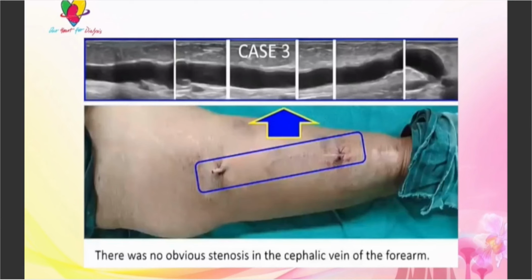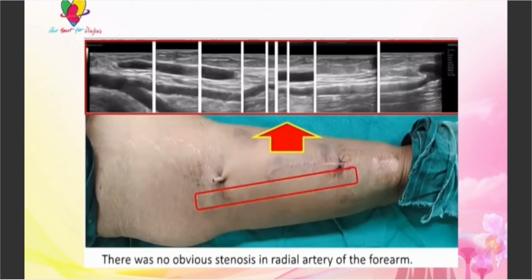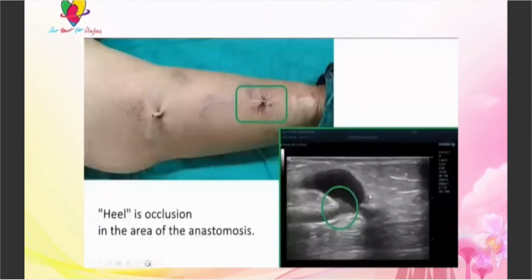What's different from the previous two is that this is an anastomotic heel lesion. There was no obvious stenosis in the cephalic vein. There was no obvious stenosis in the radial artery. Look at this picture. Here is the occlusion in the area of the anastomosis. The lesion characteristics are also short and straight.